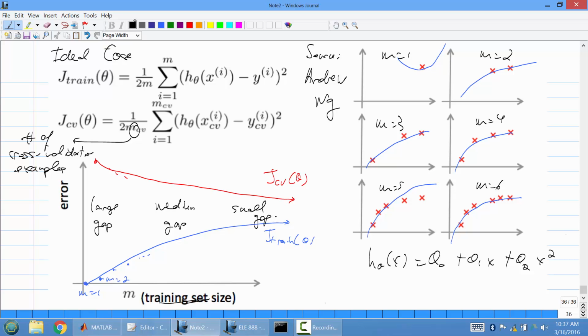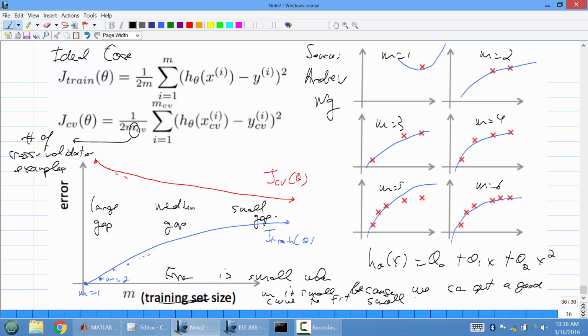The error is small when m is small, because we can get a good curve to fit a small number of points. So that's pretty good.